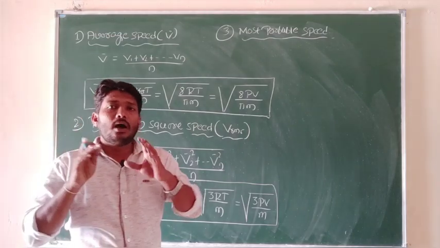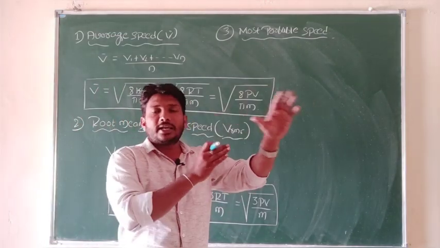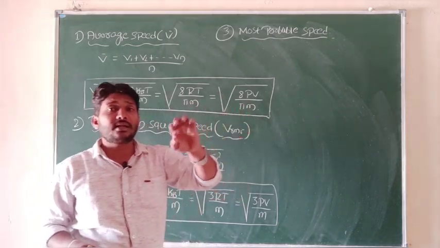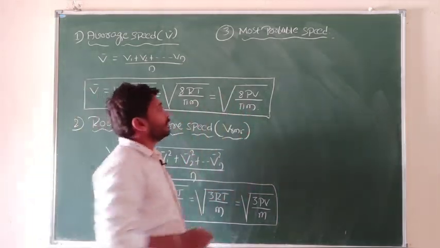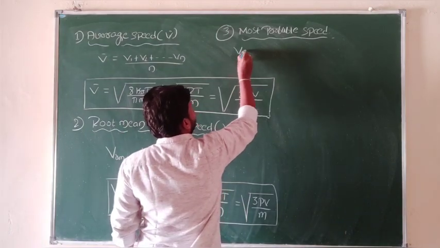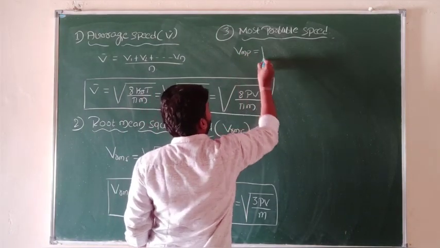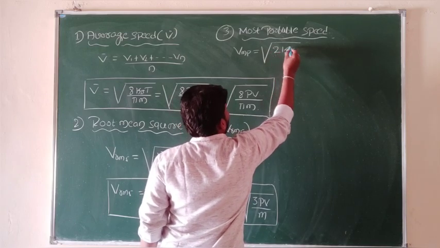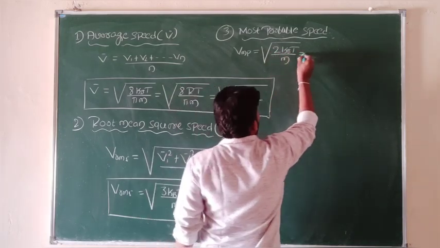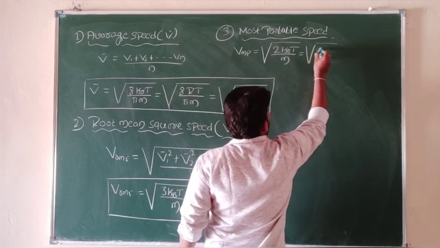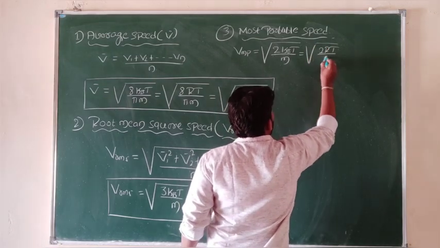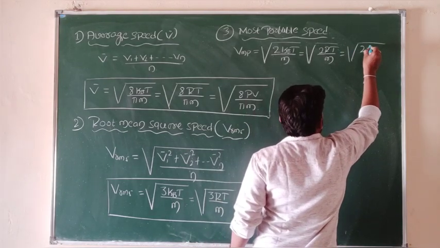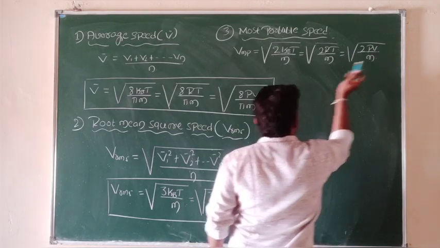For example, out of 10 gas molecules, if 8 gas molecules are moving with a speed of 8 meters per second, that speed we can consider the most probable speed. That most probable speed Vmp is equal to the square root of 2 times kB into T divided by m, or another form, 2 times R into T divided by m, and another form, 2 times P into V divided by m.